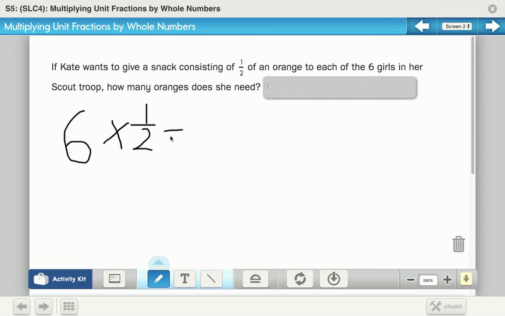So we would take our whole number times our numerator, 6 times 1 is 6, and our denominator would be 2. So if we have 6 halves, 2 halves would make 1 whole, 4 halves would make 2 wholes, 6 halves would make 3 wholes. So that's also equal to 3.